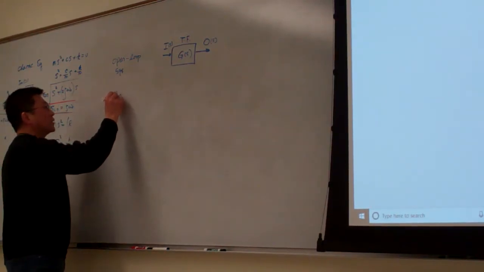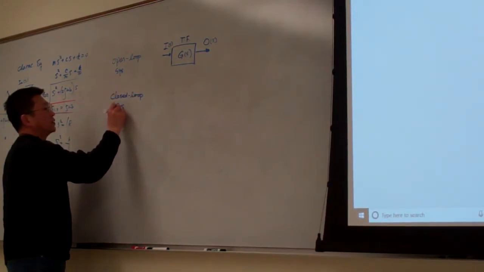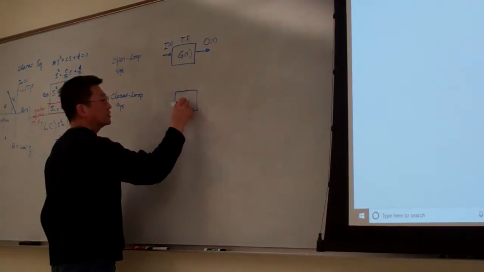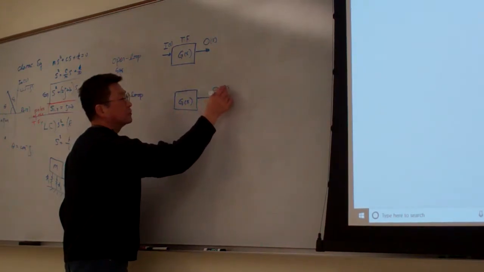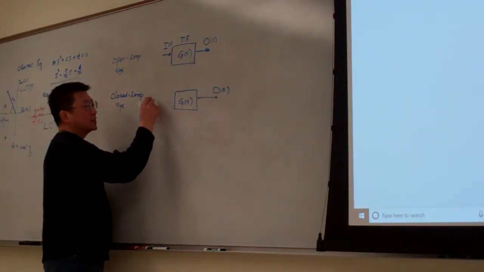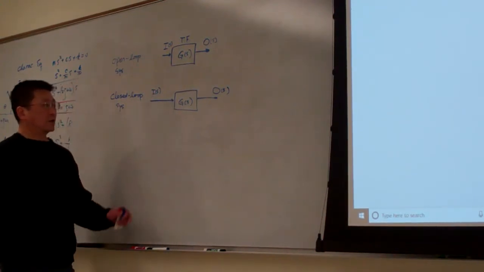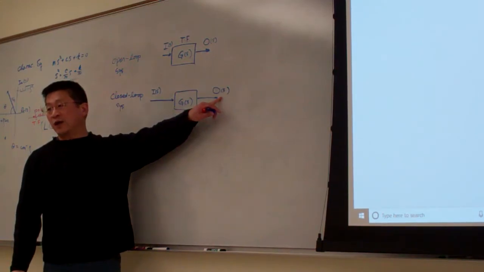So if we look at the closed loop system, what's the difference? This is our open loop system, this is our output, and say this is our input. Say for this open loop system, I don't like the response of the system.